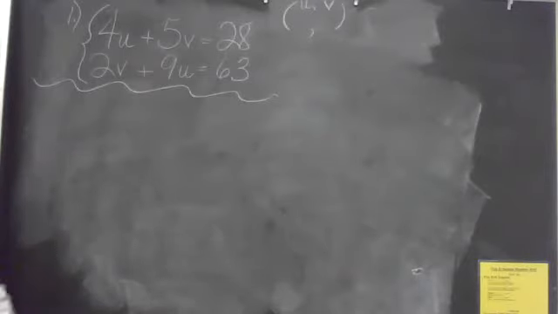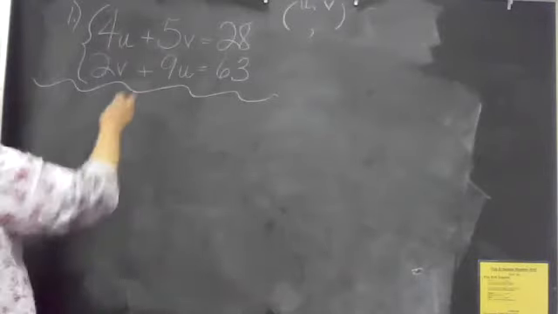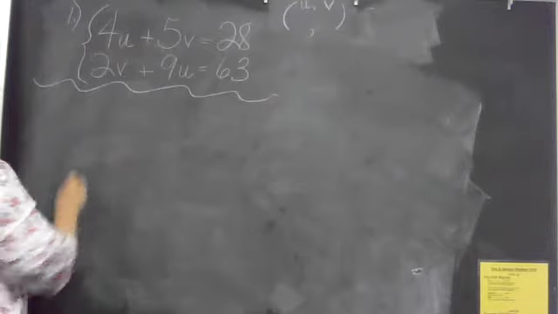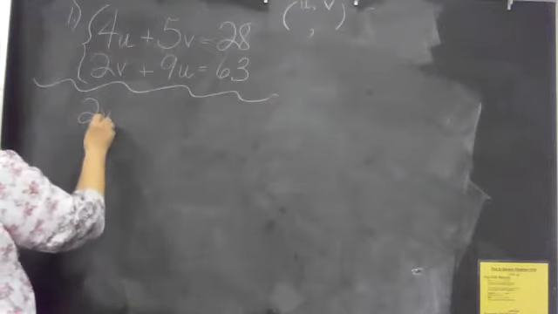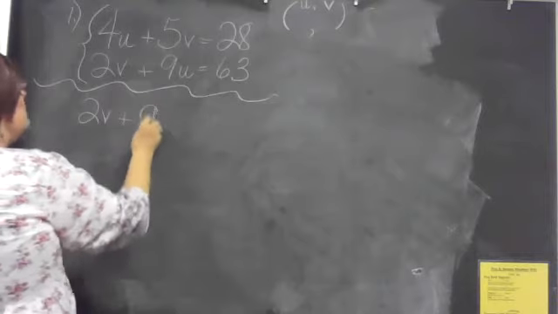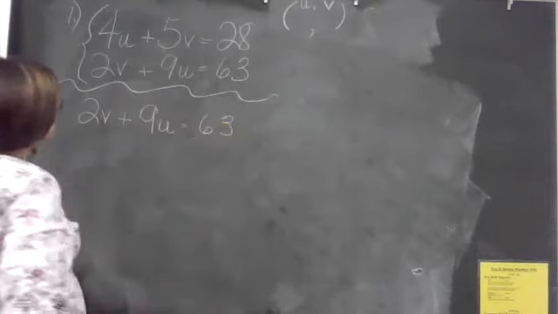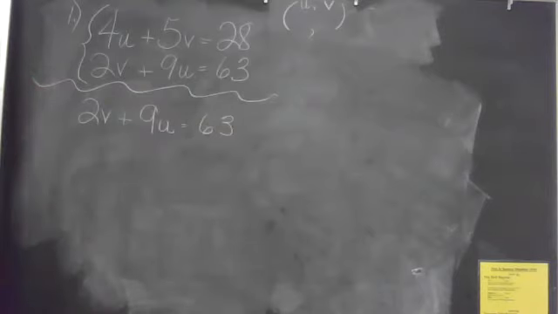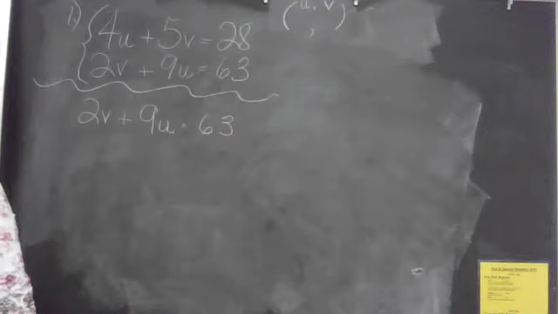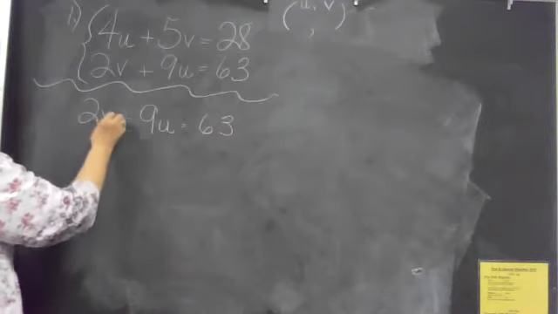In the last problem, we chose the first one. Let's choose the second one today, okay? So I'm going to say 2v plus 9u equals 63. And in starting this problem, you can even choose which variable you want to solve for. I think I want to solve for v.